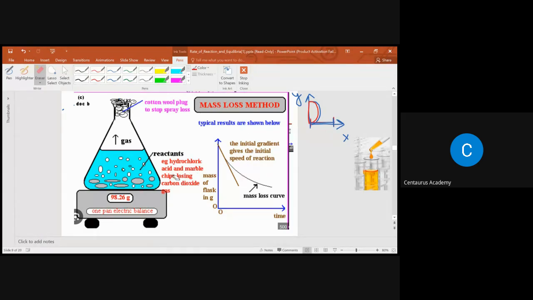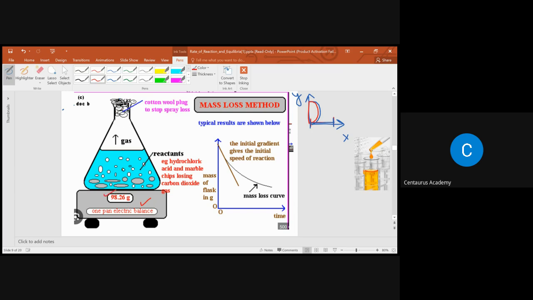For instance, marble chips are placed within the conical flask, and as soon as the hydrochloric acid is added, the content of the reaction mixture along with the conical flask is first measured using the electric balance. Then as the reaction progresses, the final mass, when this mass stays constant, is again recorded.